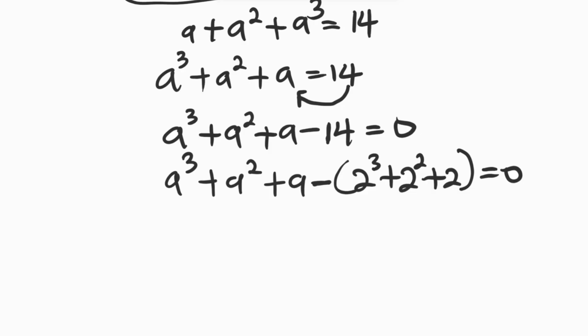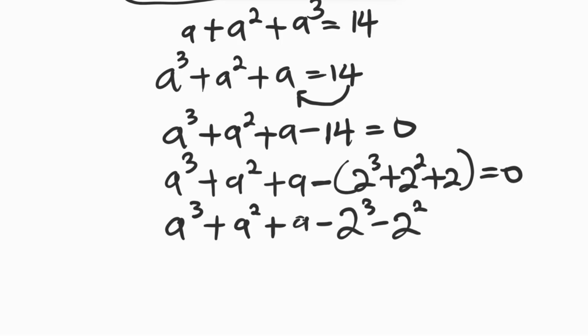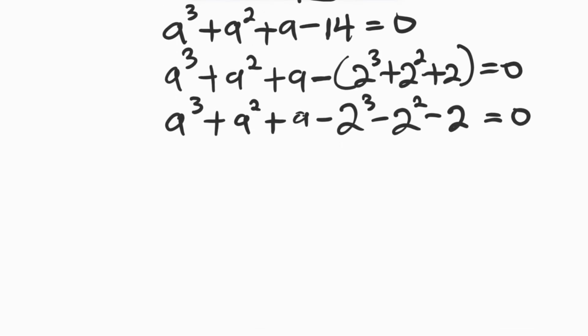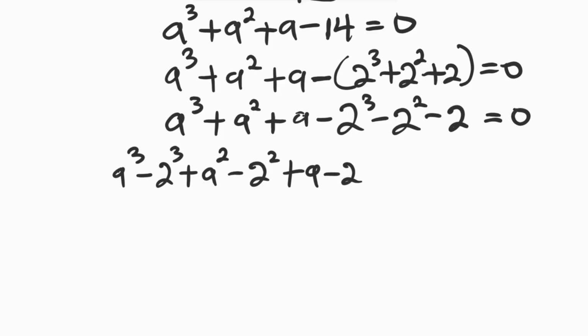Now this minus multiplies through what we have in the bracket, and this becomes minus 2 raised to the power 3 minus 2 squared minus 2 equals 0. Now let's collect the like powers. So we have a raised to the power 3 minus 2 raised to the power 3 plus a raised to the power 2 minus 2 raised to the power 2 plus a minus 2 equals 0.